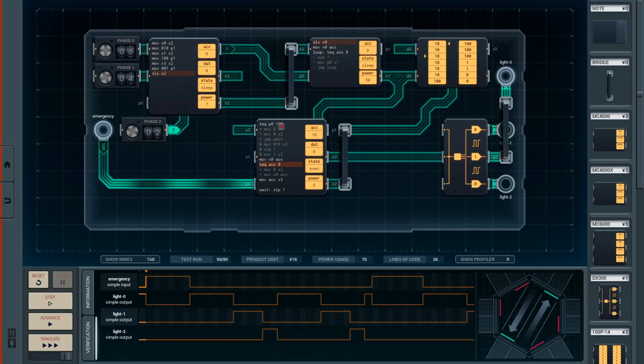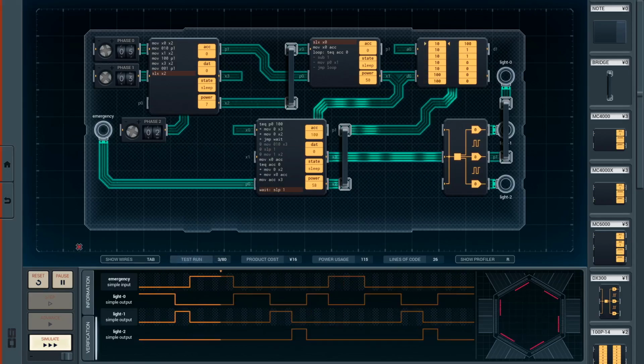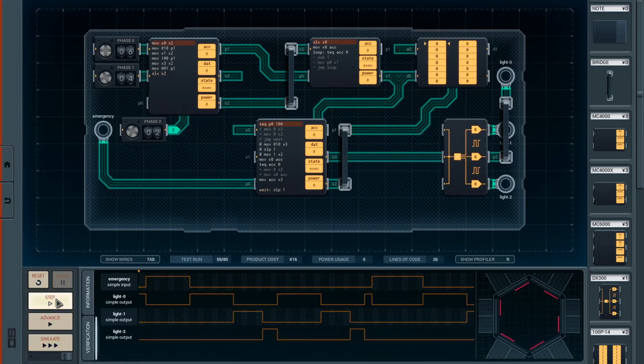Wait. Hold on, okay, so first non-emergency tick came immediately after the... Wait, no, hang on, no, something's... I need to look more carefully at this. So no emergency.